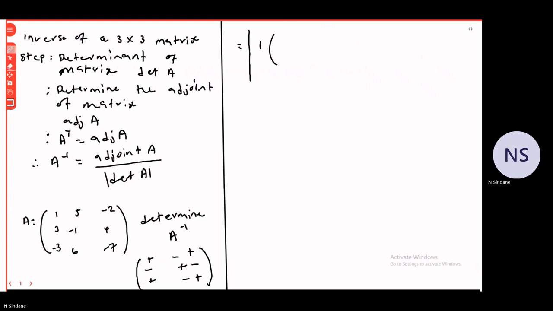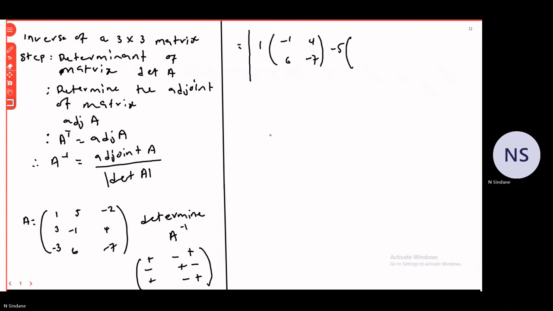So in this case, I have plus 1 into, if I choose 1, I'm going to be left with minus 1, 6, 4 and minus 7, right? And then 2, I have negative, so it's going to be negative 5. If I choose this, this middle row is out, and this first column is out.